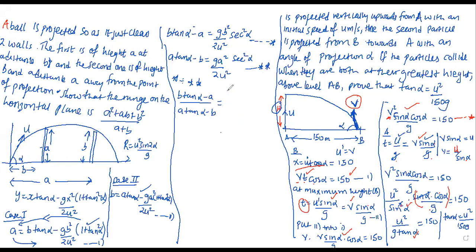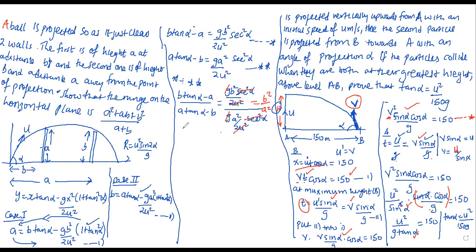It was supposed to be g b squared sec squared alpha over 2u squared divided by g a squared over 2u squared sec squared alpha. Now by this time you should be experts at division. I divide the g by the g, 2u squared, 2u squared, sec squared, sec squared. I remain with only b squared over a squared. Is it better now? Yes, teacher. Okay, that is better.